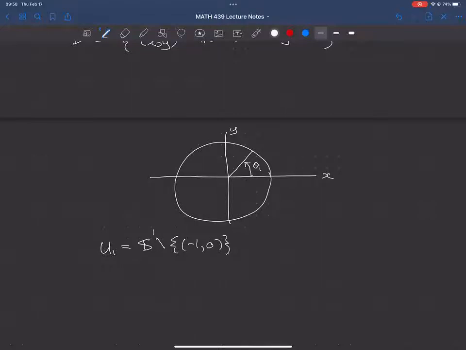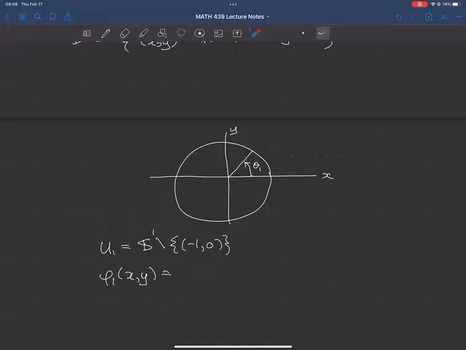Then I'm going to take phi1 to be the angle coordinate that I've just called theta 1. Now of course you want to just say that theta 1 is the inverse tangent of y over x, right?